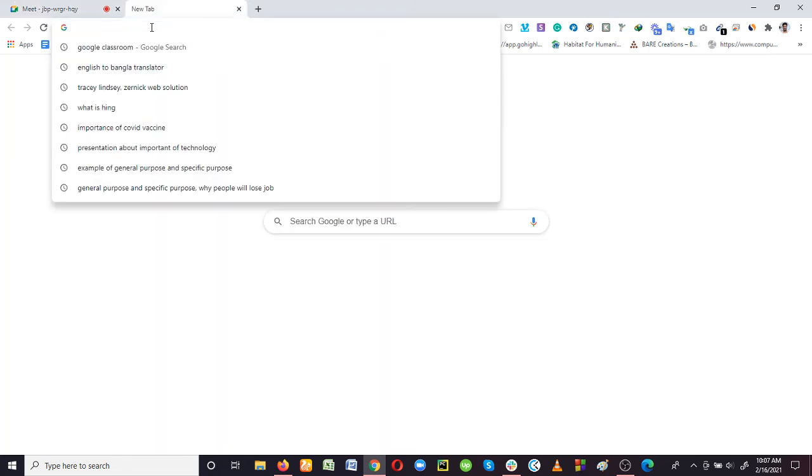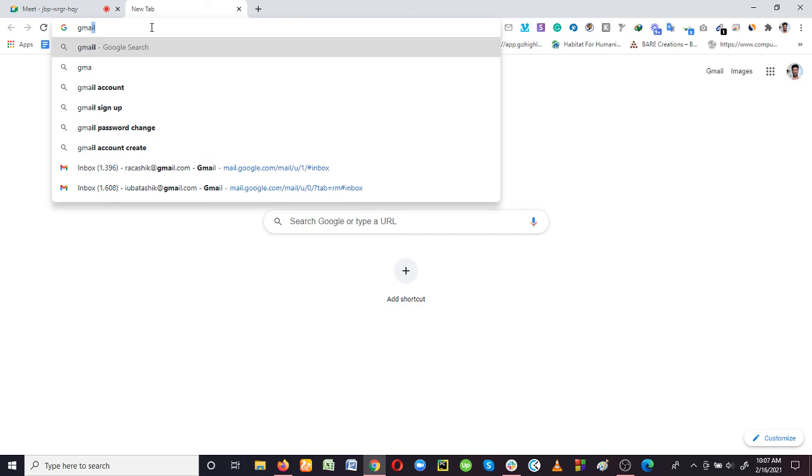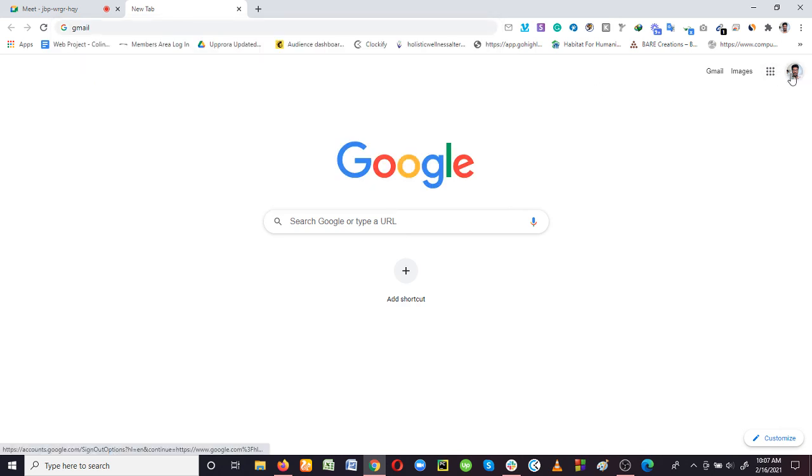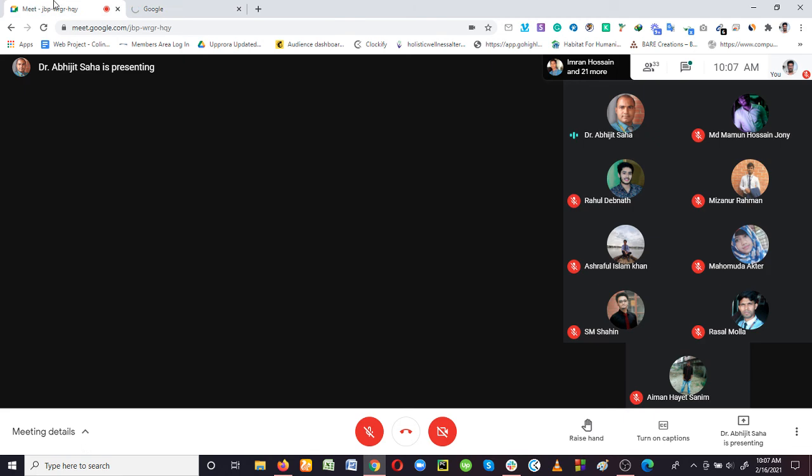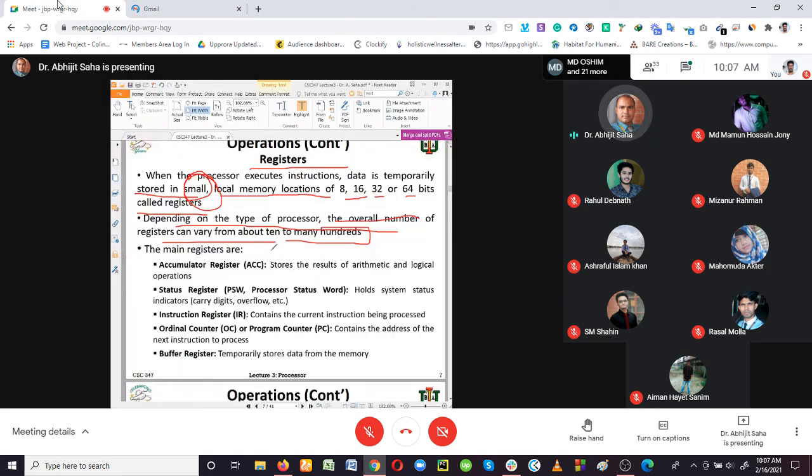So different processors have different sets of registers, and each register has its own responsibility, for what purpose that register is used inside the processor. We are not going to discuss all 100 registers here, as this is not part of this course.